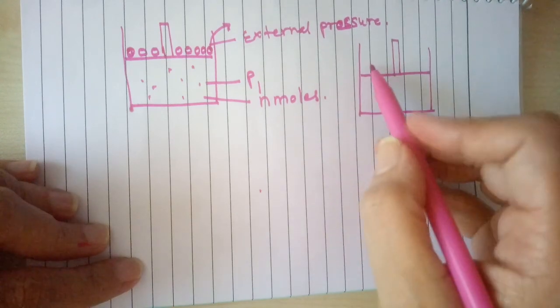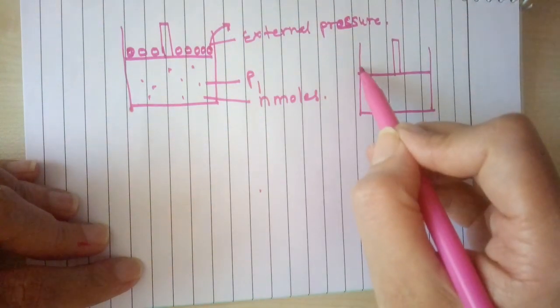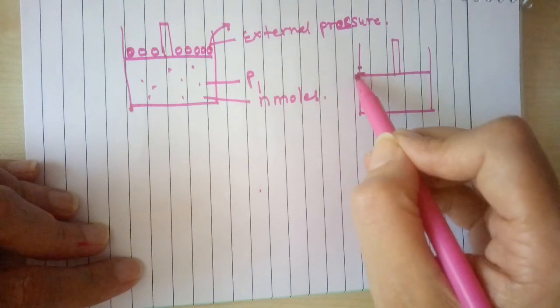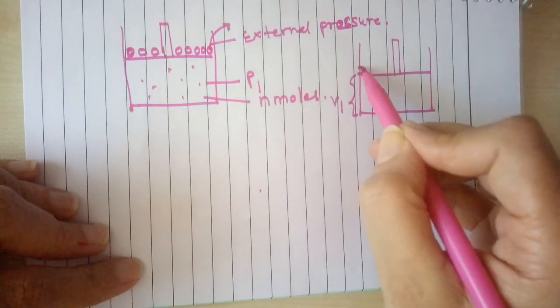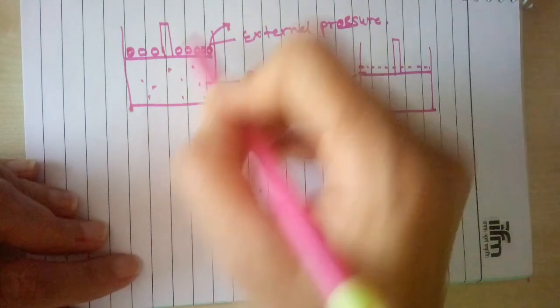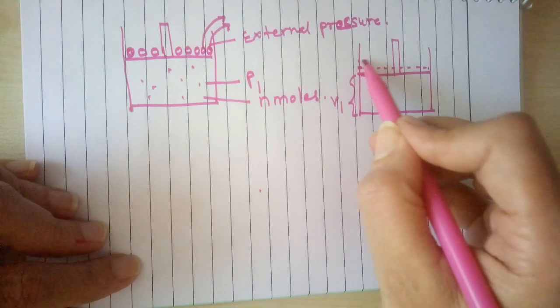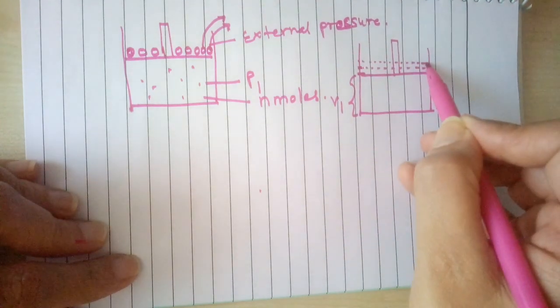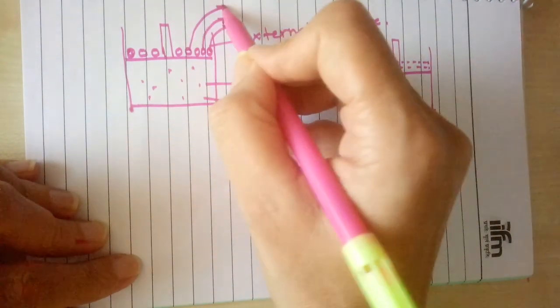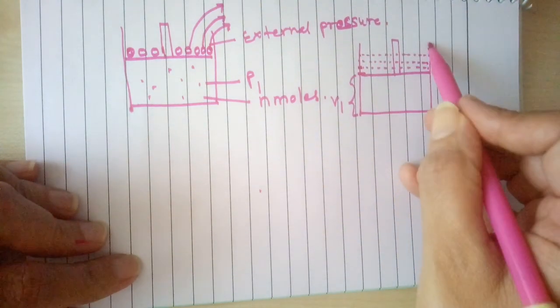When you remove this one weight, there will be a very slight increase in the volume. If you remove one more weight, again there will be a slight increase in the volume. You can remove the third weight, again there will be a very slight increase in the volume.